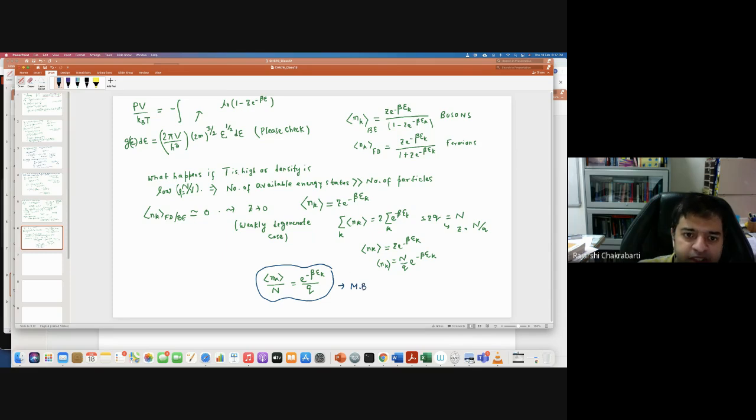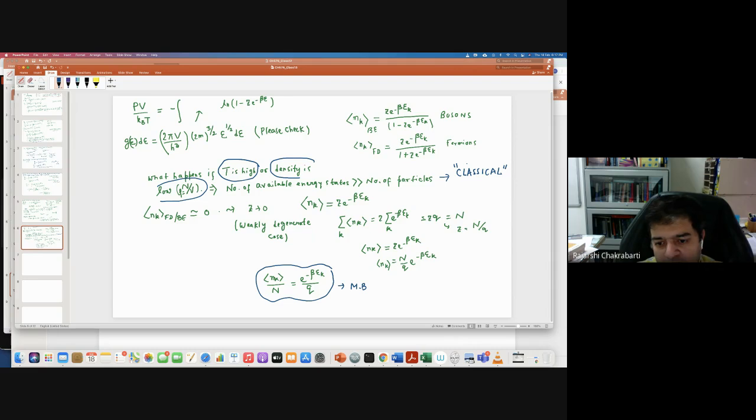So when T is high or density is low, you hit the classical limit. Is this clear?